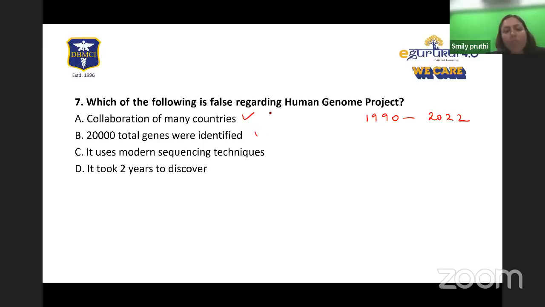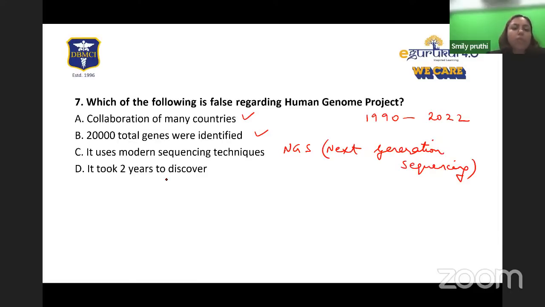Around 20,000 genes identified, yes. It uses modern sequencing techniques like next generation sequencing, which is quite an automatic system of DNA sequencing, very fast and automated, right? Did it take 2 years to discover? No, almost 2 decades. So which is false is option D, right?